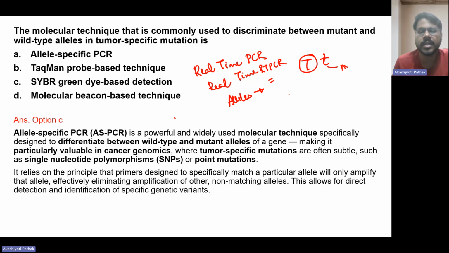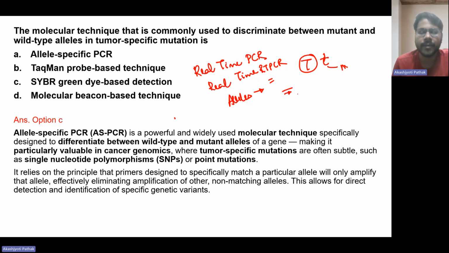You can design the primers so that one of them will be specific to the wild type gene. That primer will bind to that portion of the DNA, and that portion will get amplified.